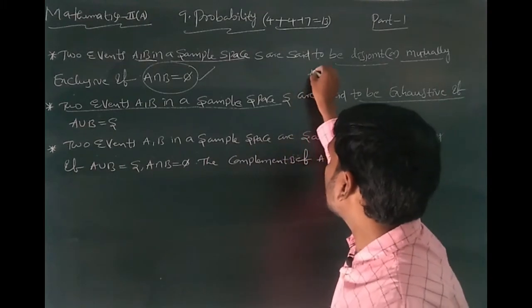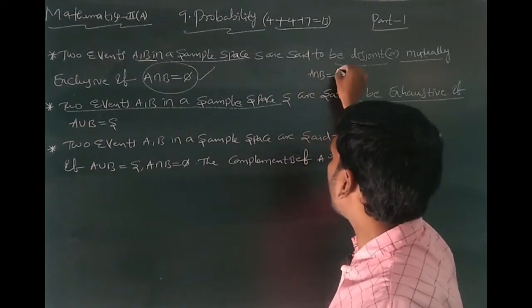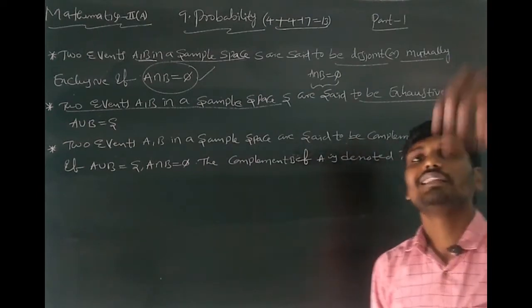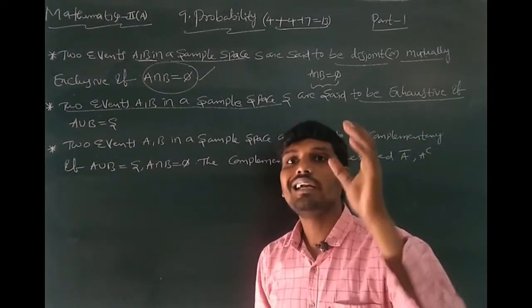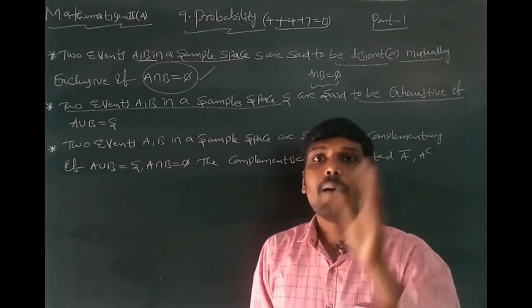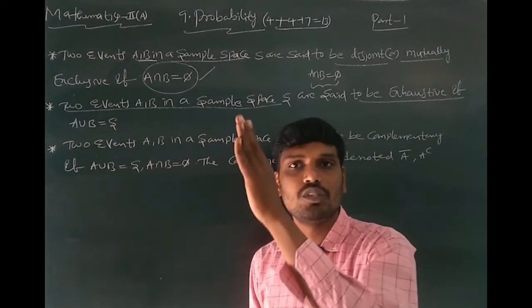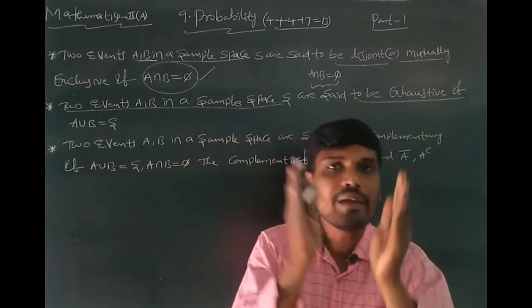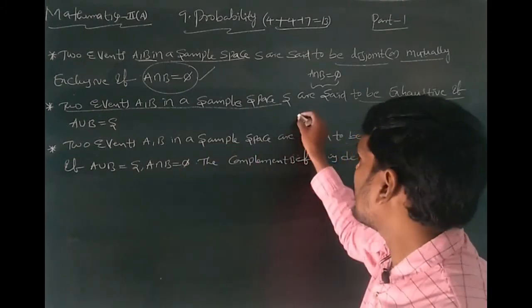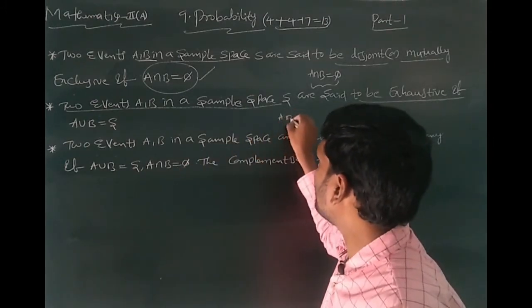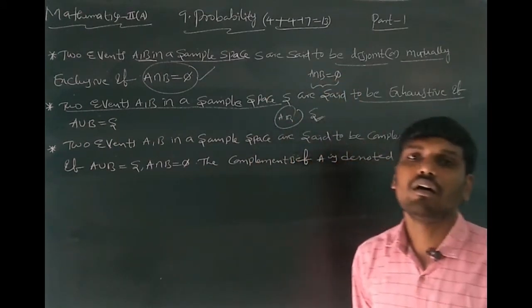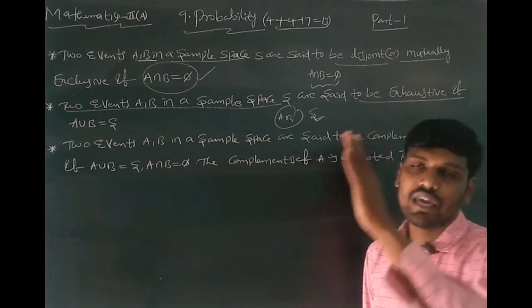When A intersection B equals phi, the intersection of the two events is impossible, and those events are called disjoint events or mutually exclusive events. If the combination of the two events A, B is the sample space, that is, A union B equals the sample space, those events are called exhaustive events.